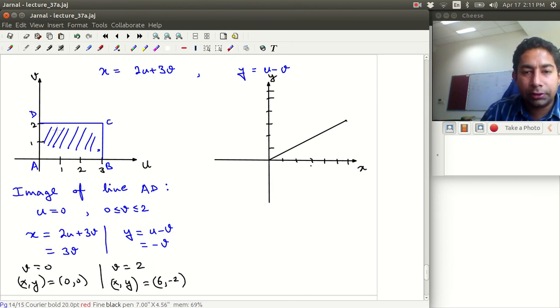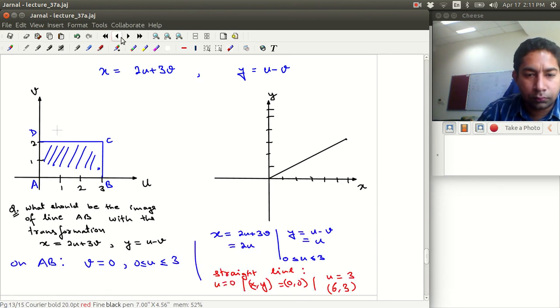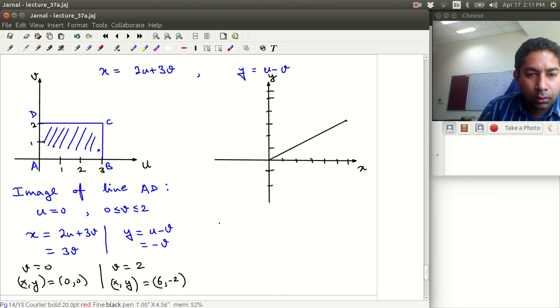0, 0, and what would 6, minus 2 be? So the point 6, minus 2 would be somewhere around here.